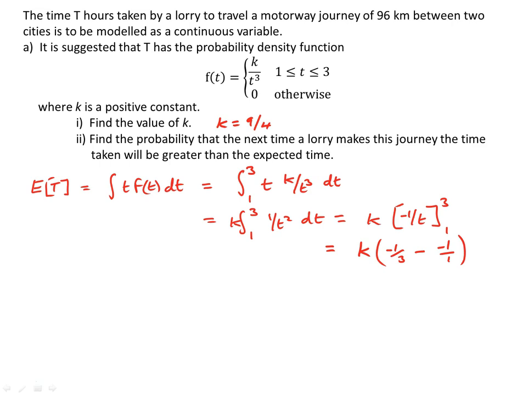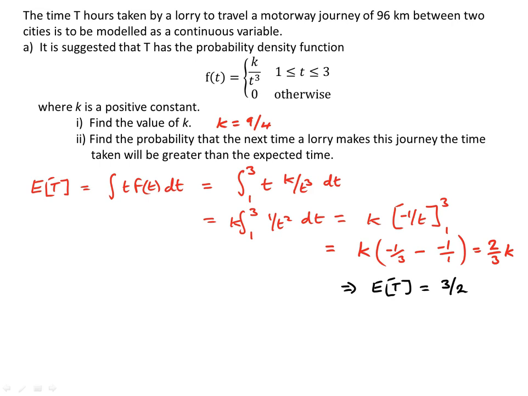So in other words, we have 2/3 k, but we know that k is 9 over 4. So 2/3 of 9 over 4 is 18 over 12, or 1.5. So we know that the expected time for the journey is 1.5 hours.